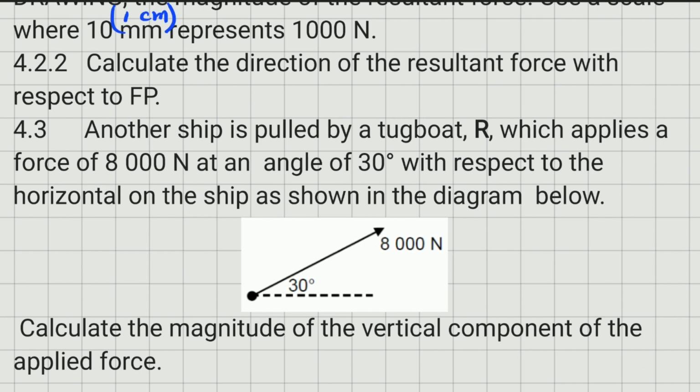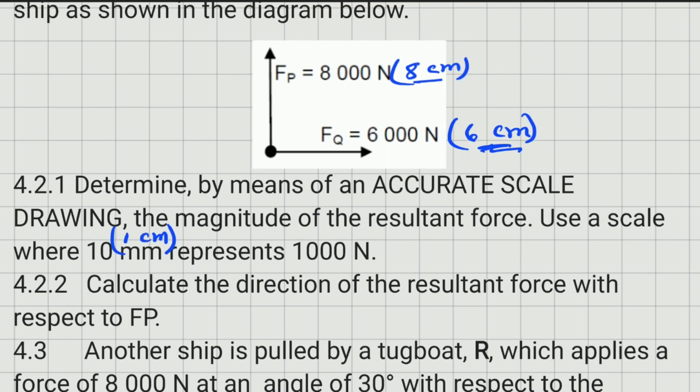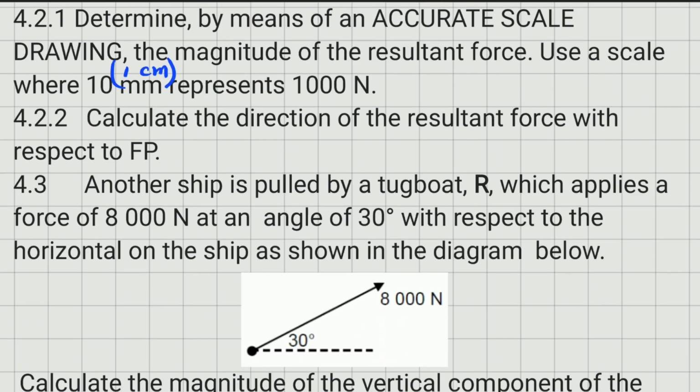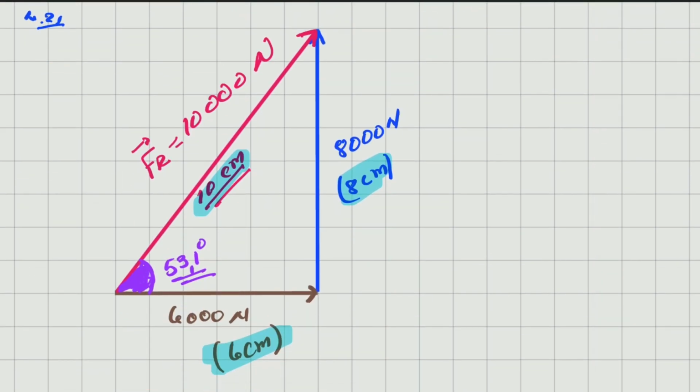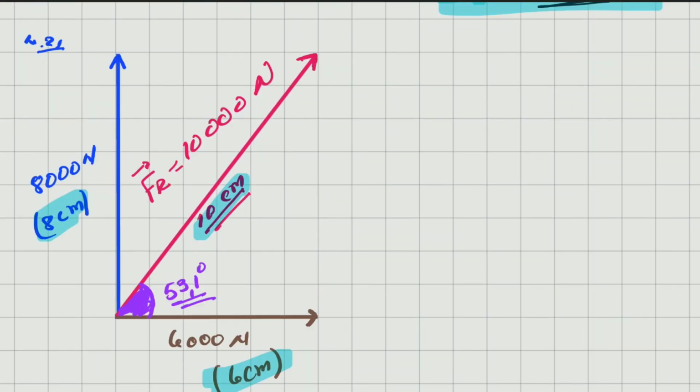Now question 4.2.2 says: calculate the direction of the resultant force with respect to FP. Important: if we go to this drawing, with respect to FP, in other words, if we move this one back to the tail-to-tail method, this one, guys, is the tail-to-tail method.